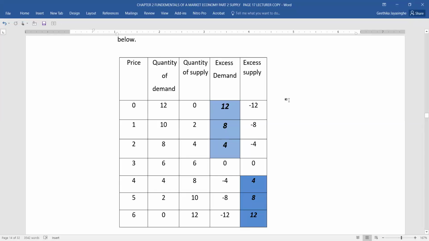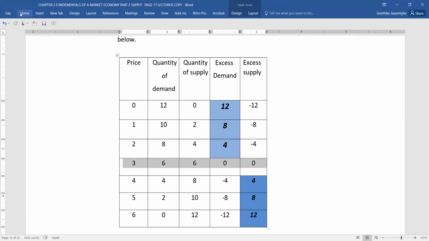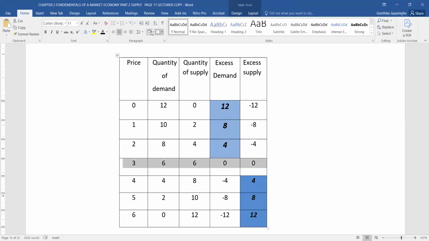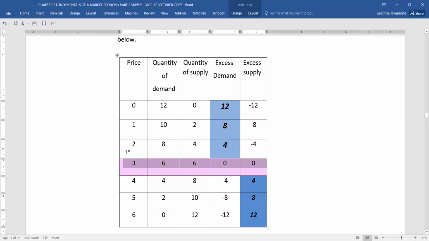In that, these are the prices, these are the quantity demanded and these are the quantity supplied. At one place, if you go this way, you can see quantity demanded and quantity supplied will be the same.